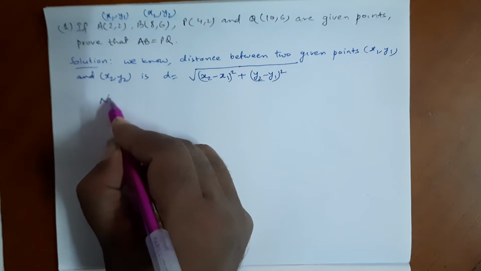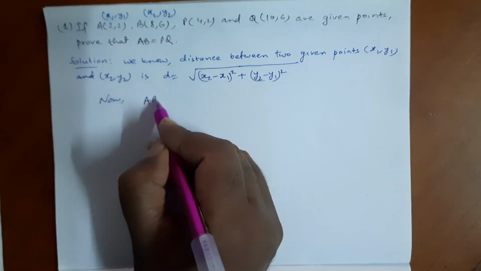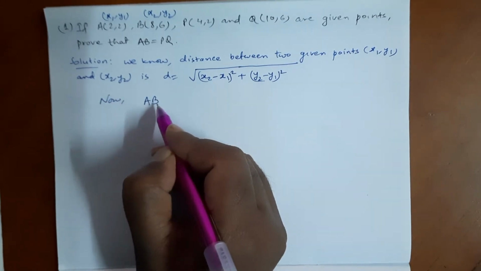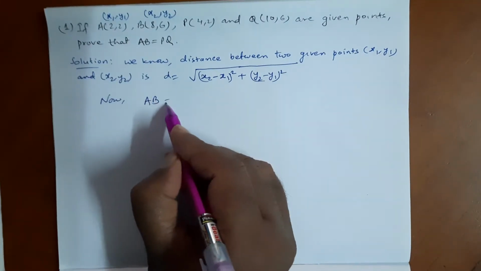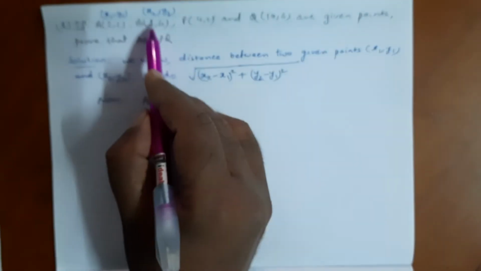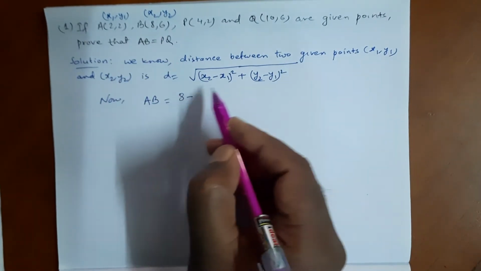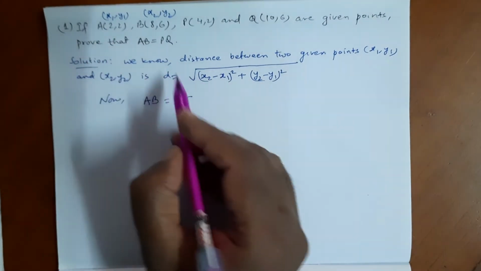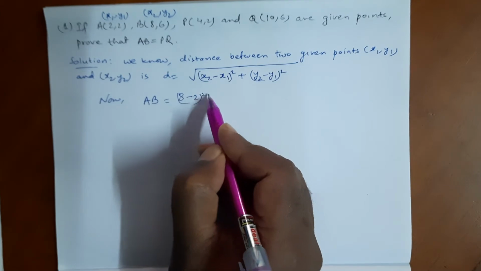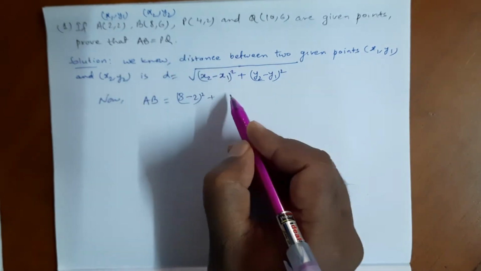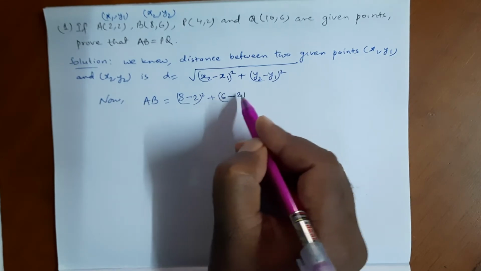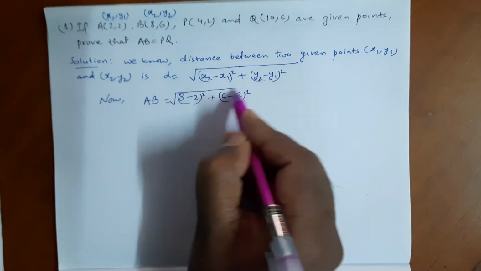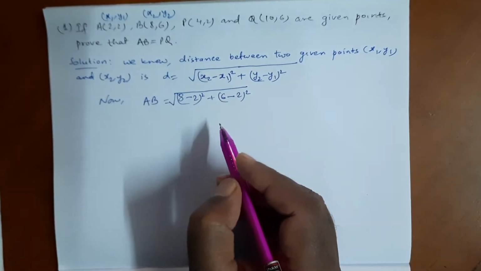This is the distance formula to find the distance between two points. Now, in place of distance d, we have to find the distance between the two points A and B. So in place of d, I have AB, and in place of x2 we have 8 minus, in place of x1 we have 2, square, plus y2 is 6 minus y1 is 2, square.